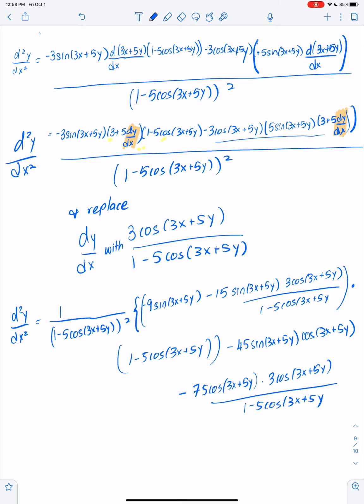Okay, so that's the second term, and that's it. So, you know, the point wasn't really this part. The point was, once you find the second derivative, you have to replace the dy/dx with whatever you found in the beginning part of the problem, okay?